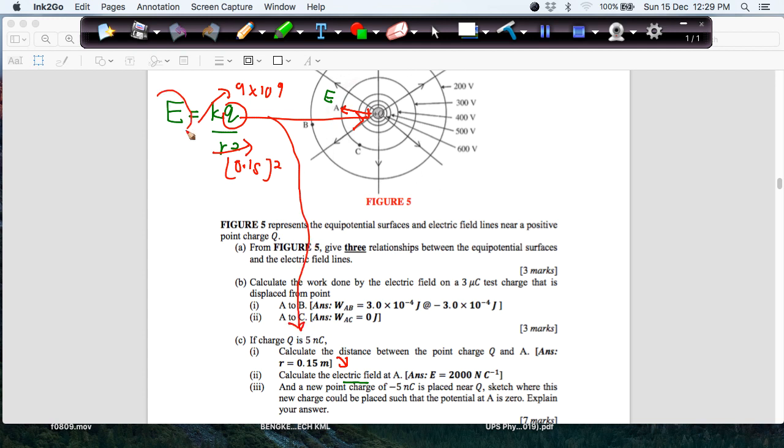So it's easy to find the value of E. E is equal to 2000 newton per coulomb.